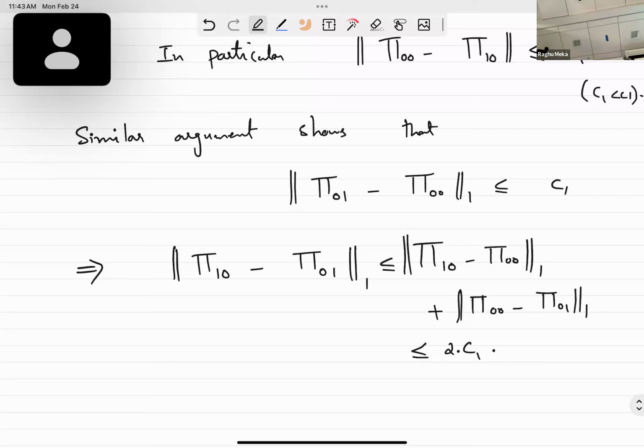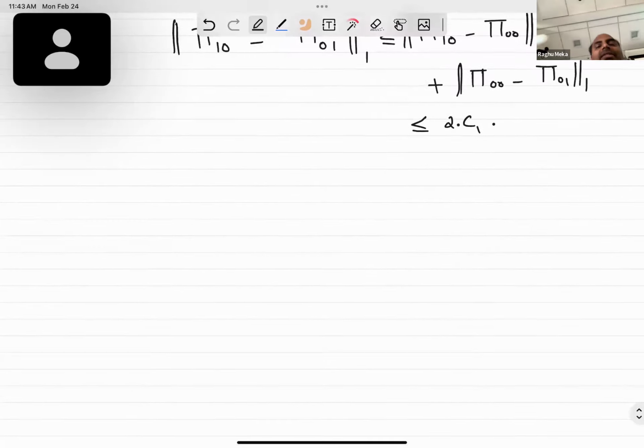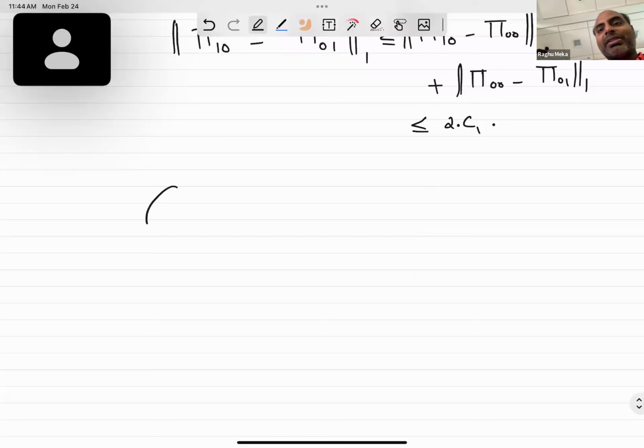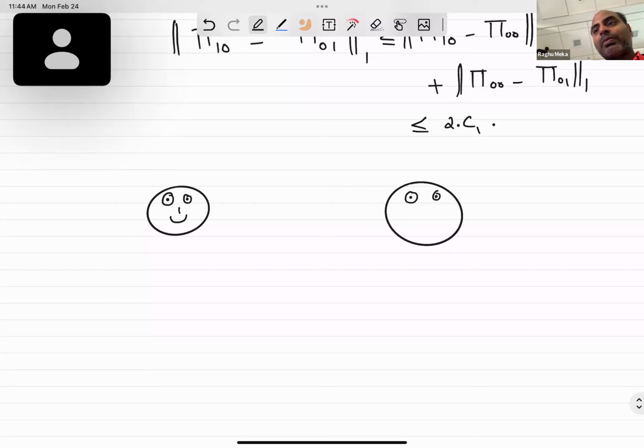Now, what is this saying? It's saying that the protocols look similar when Alice gets 1 and Bob gets 0, or when Alice gets 0 and Bob gets 1. Okay, the protocol doesn't look very different in these two input cases. Let me draw a picture. So I have 0, 1, okay?